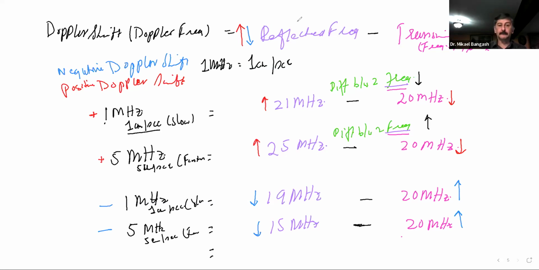Did you guys get that? So the numerical difference between the two frequencies gives you the speed. Please note it.